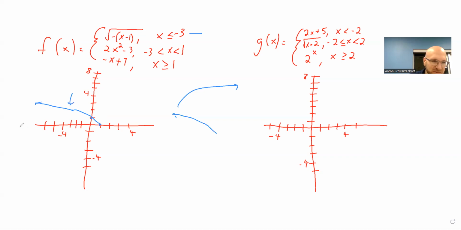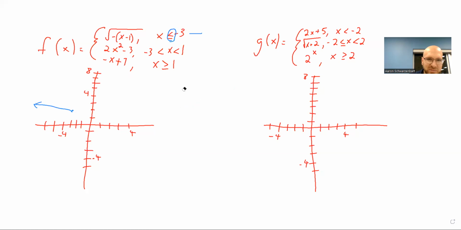Only keeping that part. So it starts at -3, 2. And it should have a closed circle because of this or equals here. So that's piece 1 of my graph.